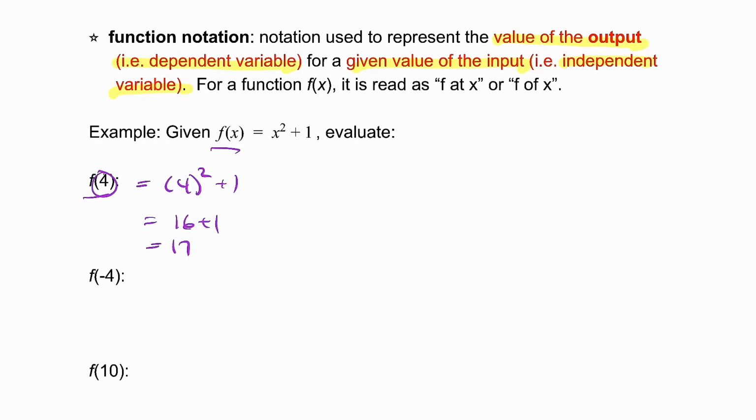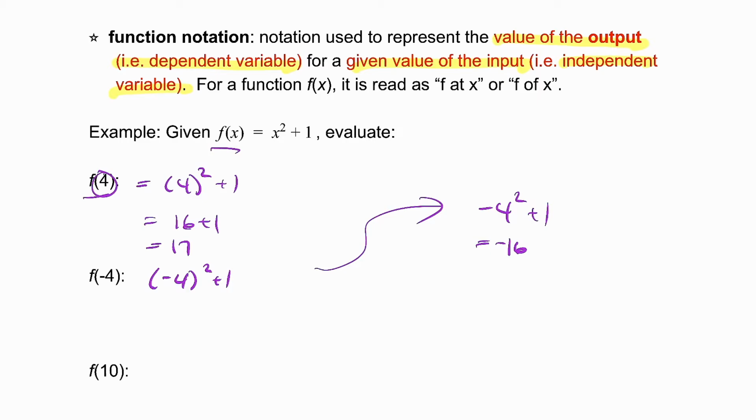Okay, but in the next question, we will have f(-4). What's the value of that? The brackets make a big difference. Here, we're replacing x with negative 4, but it is negative 4 that is being squared, not just 4 itself. If we were to not write the brackets, we might mistakenly write this as -4 squared plus 1, which is a very different meaning because this becomes negative 16.